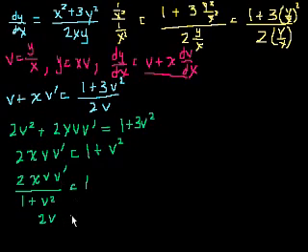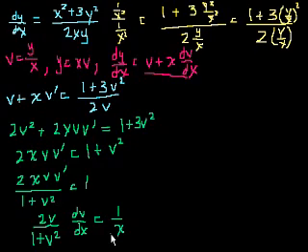Instead of v prime, I'll write dv/dx. 2v times the derivative of v with respect to x divided by 1 plus v squared is equal to, I'm dividing both sides by x, notice I didn't write the x on this side, so that is equal to 1 over x. And then if we just multiply both sides of this by dx, we've separated the two variables and we can integrate both sides.